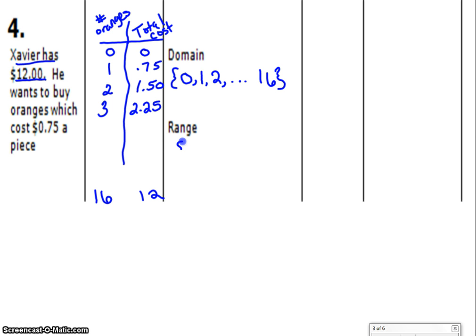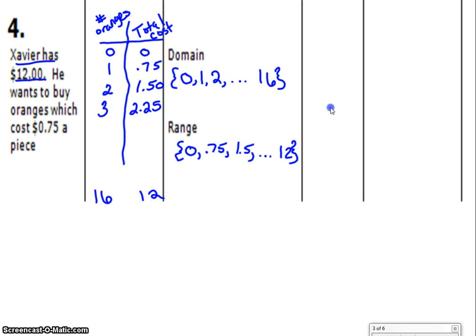Now the range, again, I'm going to look at the total cost column. Okay, if he purchases 0 oranges, he spends $0. If he purchases 1, it's 75 cents. 2 is $1.50. Okay, I've established my pattern, so dot, dot, dot. The most he can spend is 12, so that's the upper bracket for my range values.